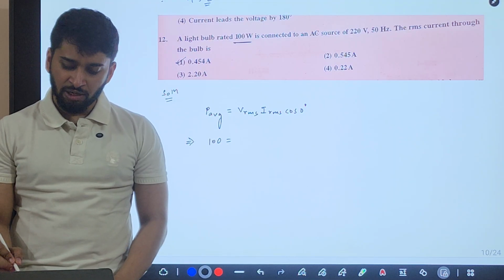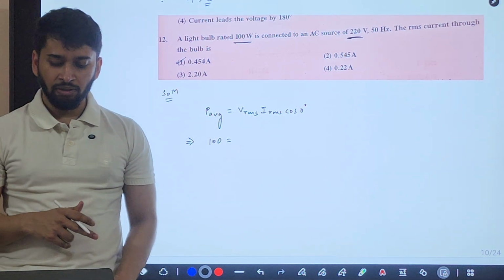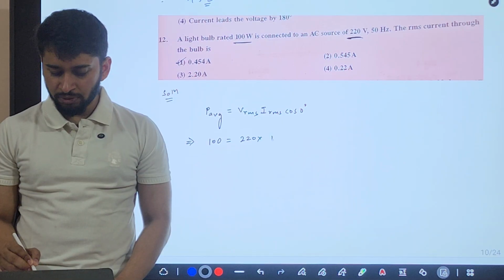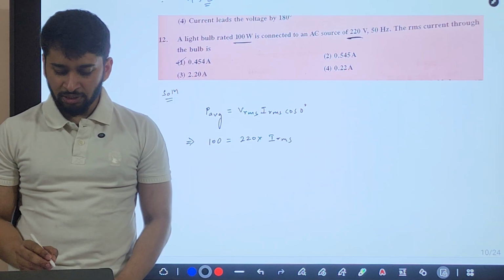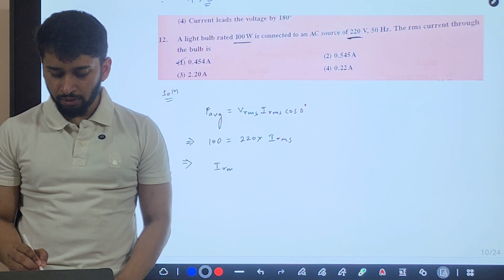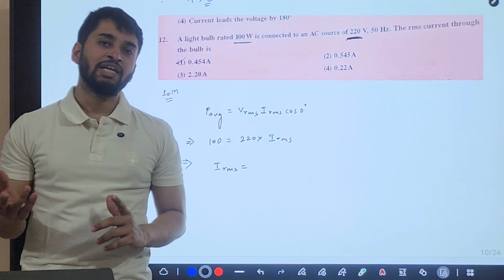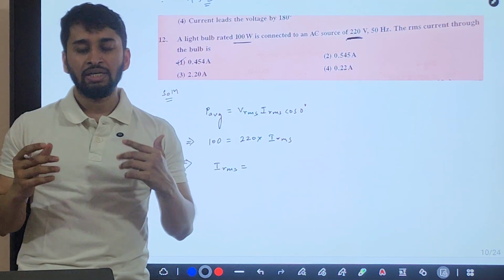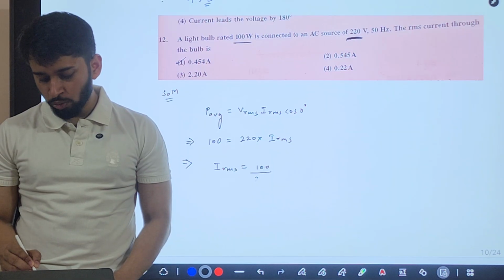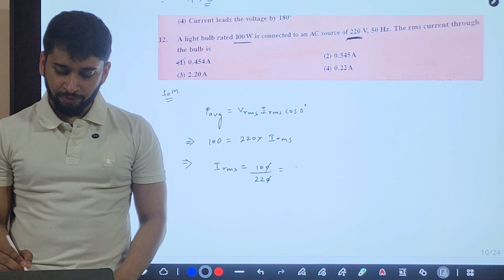The 220 volt value that they give is nothing but VRMS only. Keep this in mind, the rated voltage is the RMS value only. Peak value will be 220 times root 2. So VRMS is 220 into IRMS, so IRMS will become 100 by 220. It gets cancelled, 5 by 11.